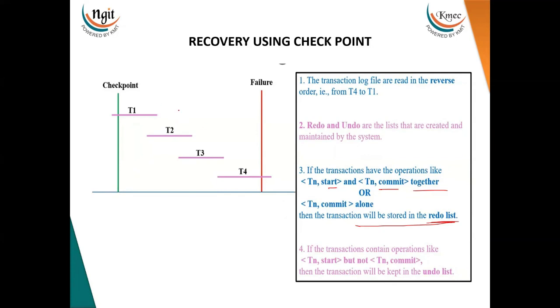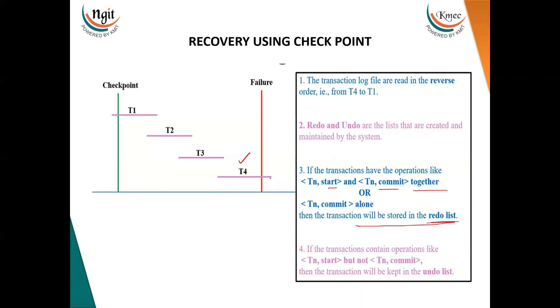Now let us see this example and know which of the transactions will fall under the redo and undo list. Here you can see the T4 transaction has started its execution but has not reached the commit. Here there is a failure.